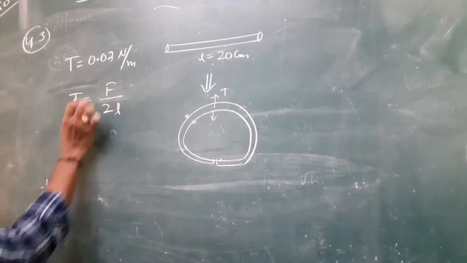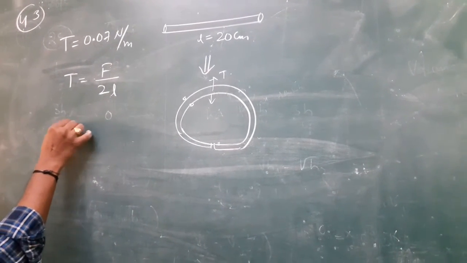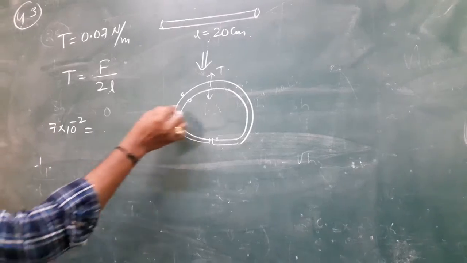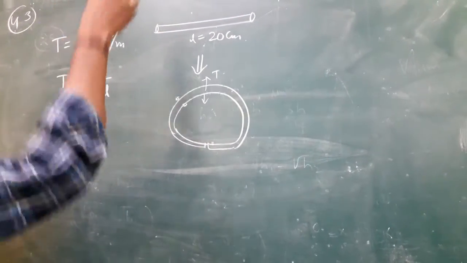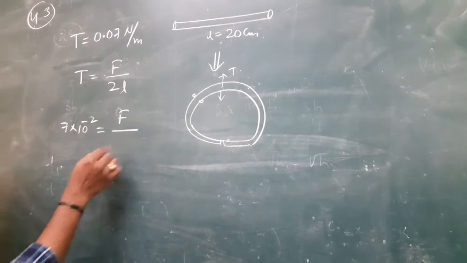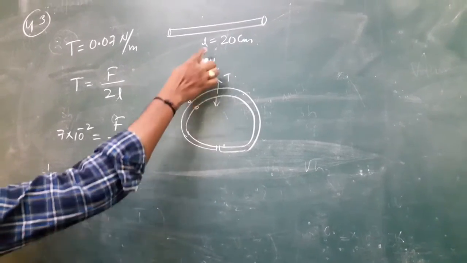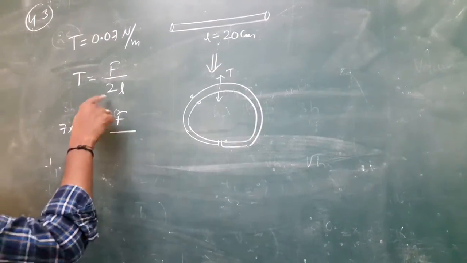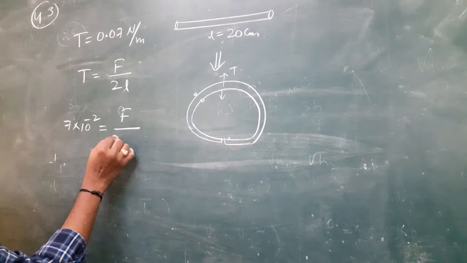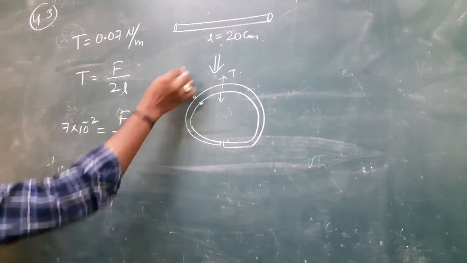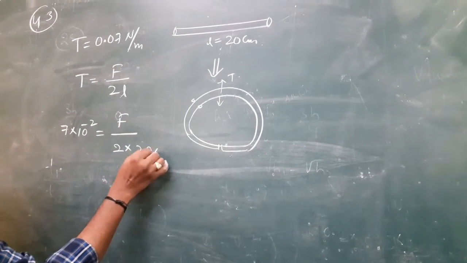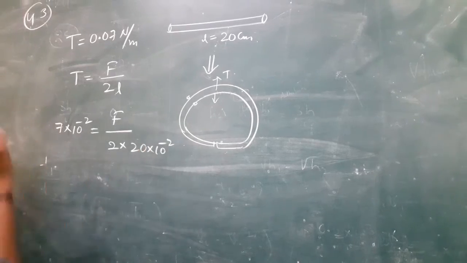T is 7 into 10 power of minus 2, and we are asked the force required to pull it, that is F. Here L is 20 centimeter, that is 20 into 10 power of minus 2.